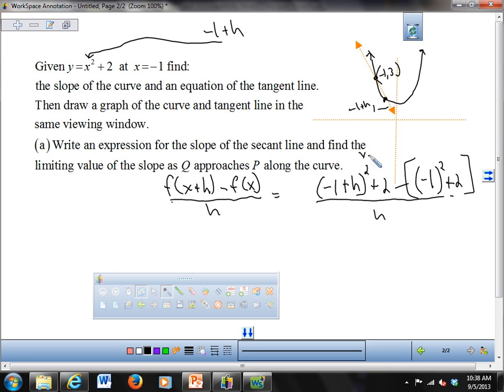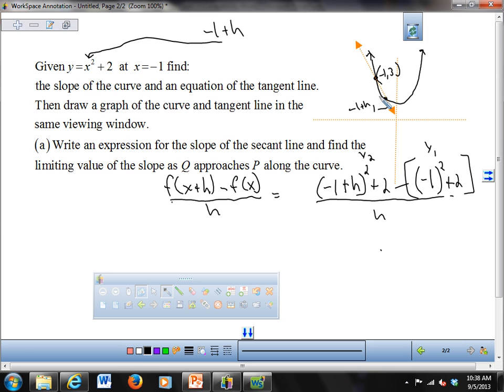So this is like y2, and this is like y1. And this h is like x2 minus x1, because it's the difference. If I take negative 1 plus h and subtract negative 1, I'm going to have h, right? That's the difference. I'm not going to simplify it yet.